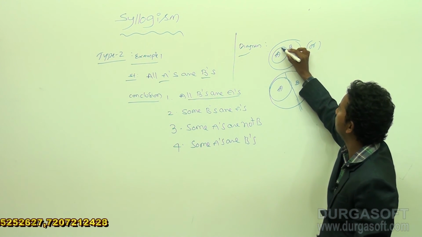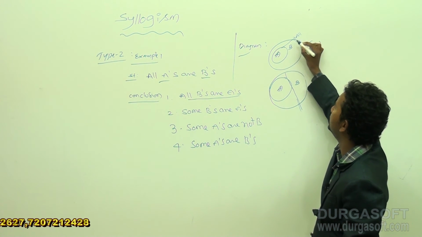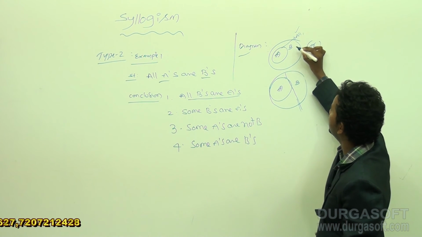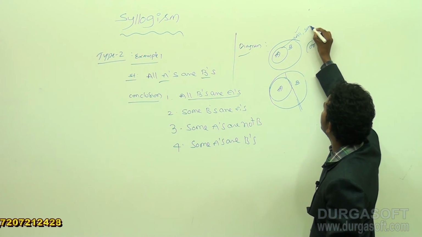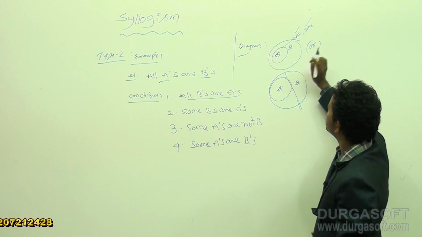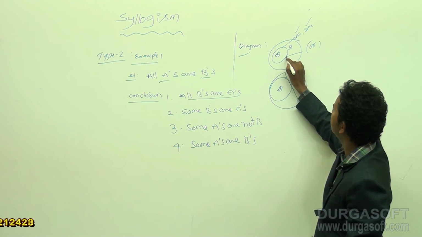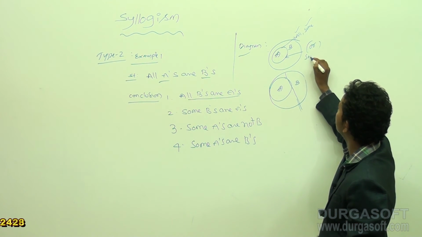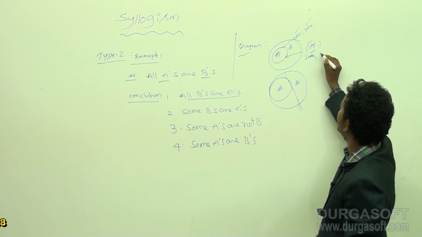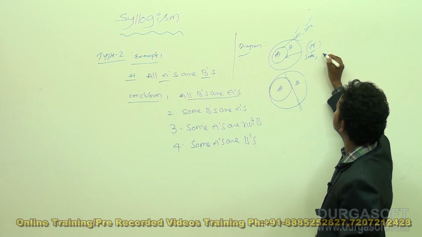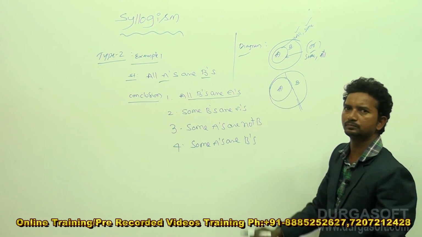Here the diagram goes like this. Here all A's are B's follows, and some A's are B's also follows. Now coming downward, B to A, here only some follow. So some B's are A's, but not all B's are A's.